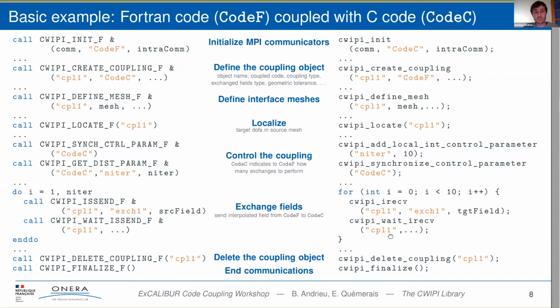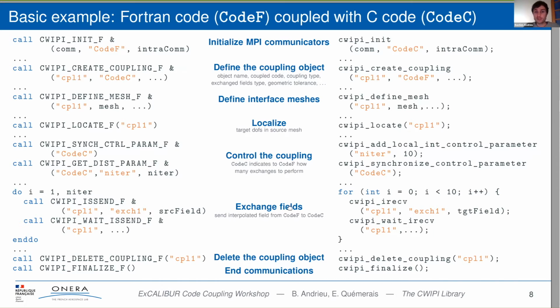So here we have a non-blocking communication, and the CWIPI ISEND method mimics the MPI ISEND non-blocking point-to-point communication, but a single call to CWIPI ISEND actually represents all the point-to-point communications from the current process to its coupled processes.